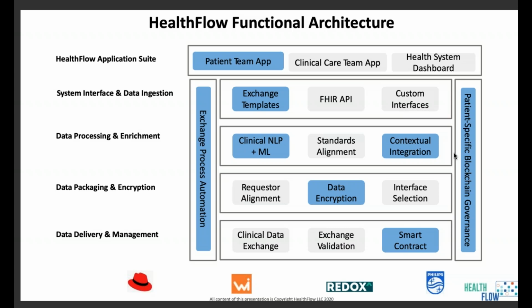But we're teamed with Redox to interface with a variety of different systems quickly. And we're also teamed with Philips from a health data exchange perspective, around devices. So that's one of our interfaces, leveraging Philips.